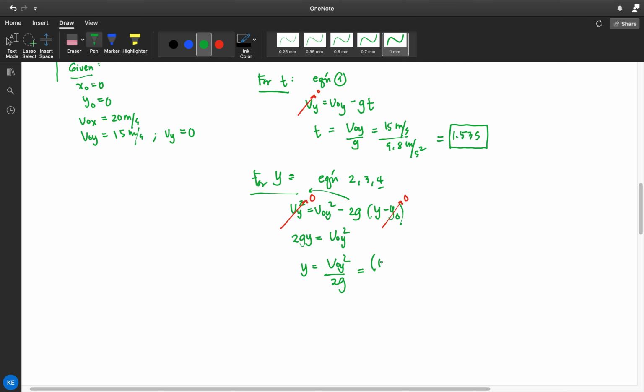So at this point, you'll have 15 meters per second squared divided by 2 times 9.8 meters per second squared. So that would be 11.5 meters. That is the y max.